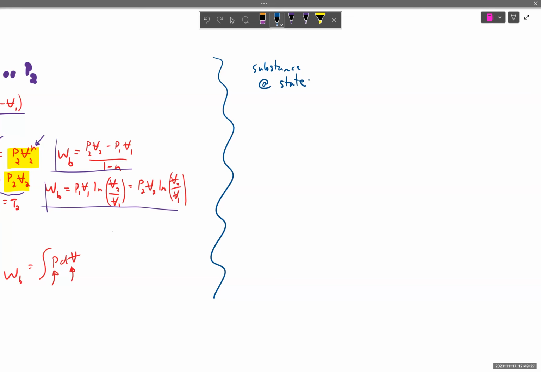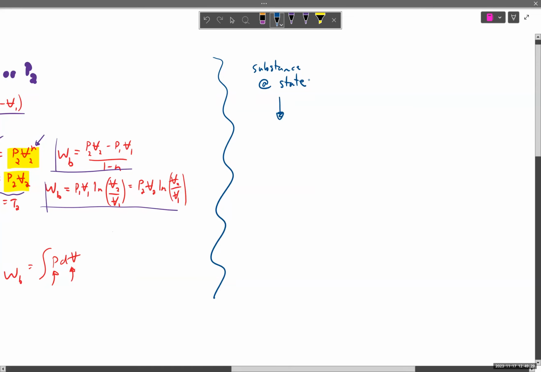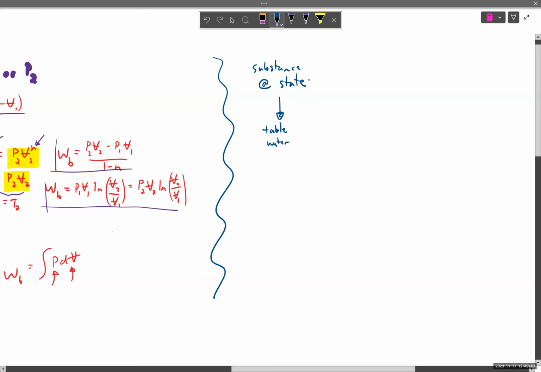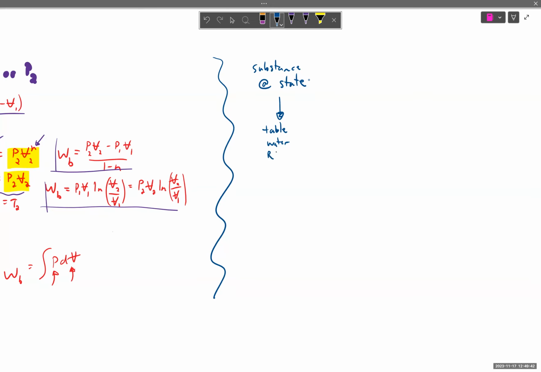So we first need to identify, do we have a table for it? And by table, really what I'm saying is is it water? Can we go to that water table and pick off properties? Or is it R134A?